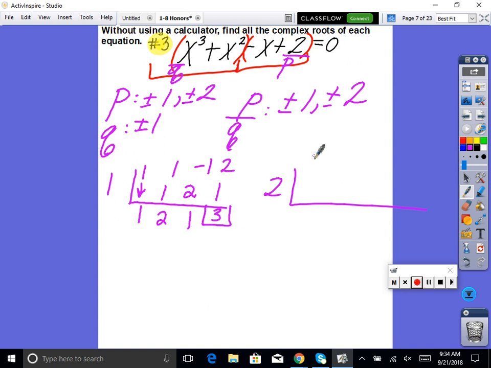Nope to 1. Nope to 2, right? Okay, well, let's move on to our negatives then.